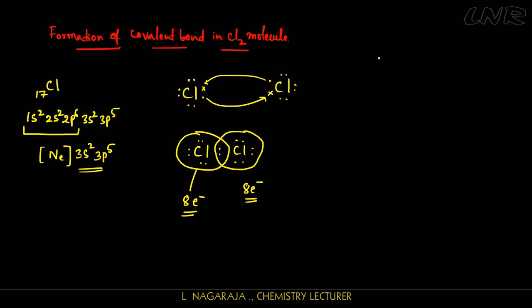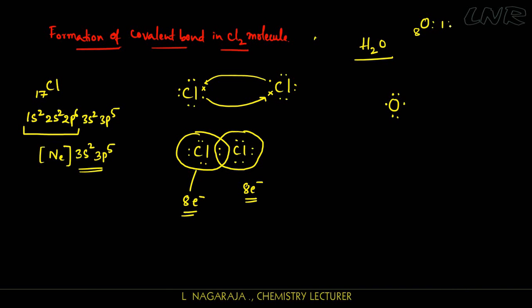And let us take one more example, that is the formation of the water molecule. So this oxygen atom contains 2 lone pairs of electrons, and totally there are 2 plus 2 is 4, and 2 more, 6 electrons. The atomic number for oxygen is 8.